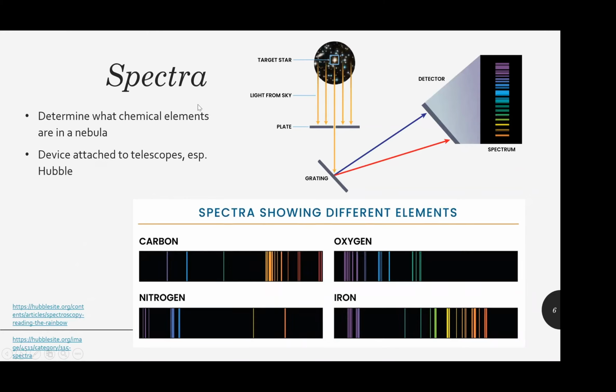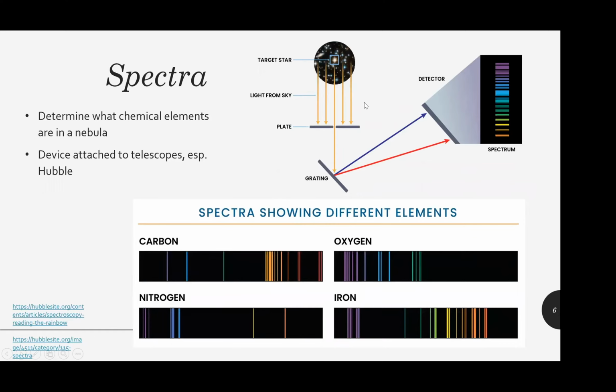So spectroscopy is how we determine what elements are in nebulas. And this is really important because we can determine not just what's in the nebula, but what that might say about how the nebula formed, and things like that.